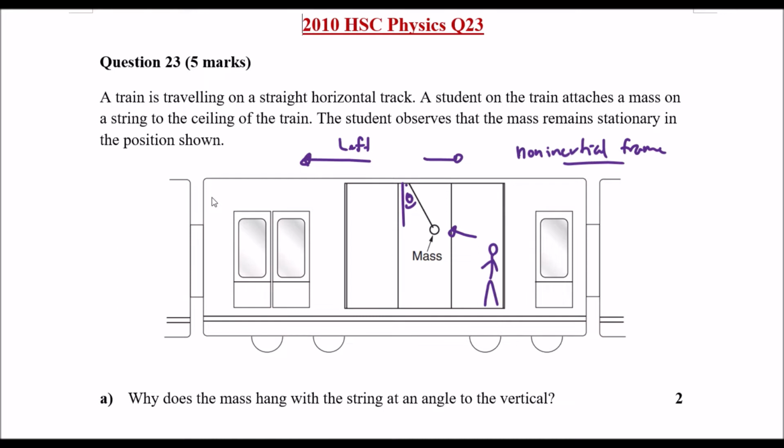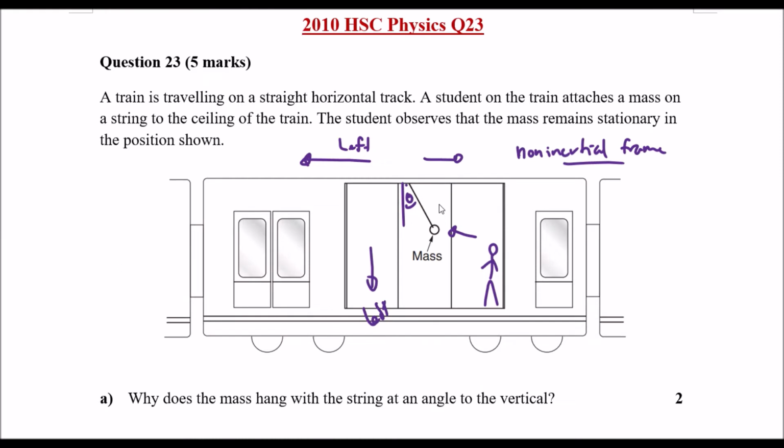That forces the mass to accelerate to the right. That's one way. The other way could be if the train was turning. Let's say the train was turning towards the left, that could also deviate the ball to the right.